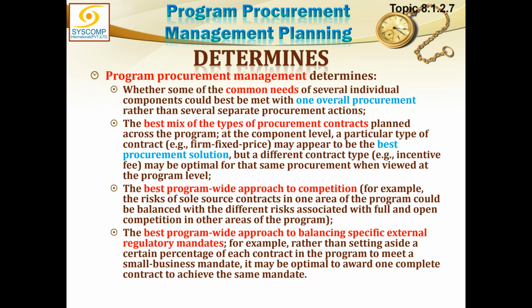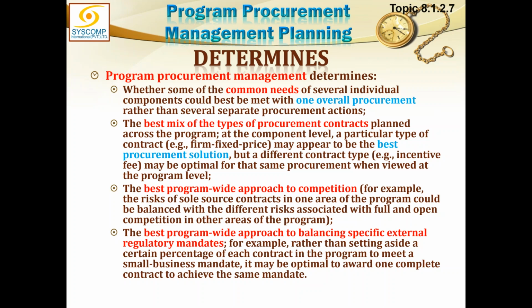A particular type of contract, for example, a firm fixed price, may appear to be the best procurement solution, but a different contract type, incentive fee, may be optimal for the same procurement when viewed at the program level. You see, the procurement decision may change just because we are looking at it from what angle.